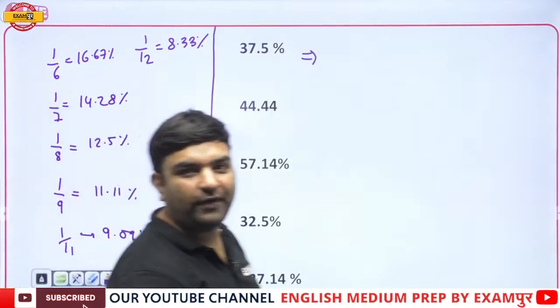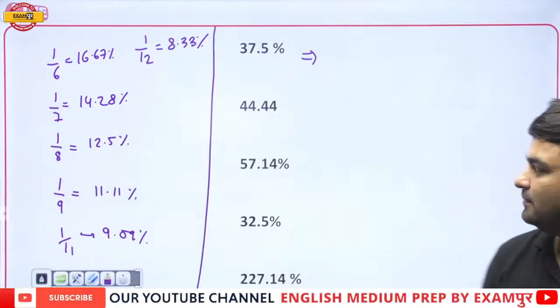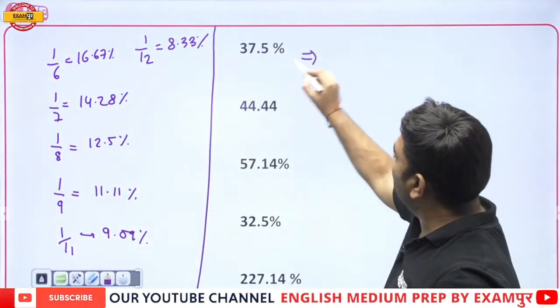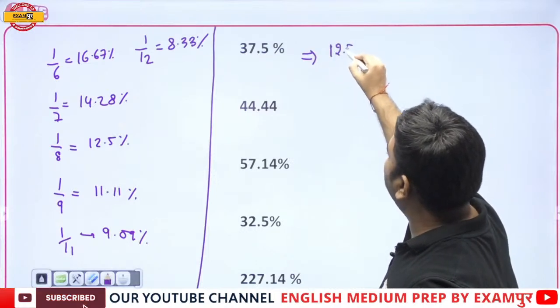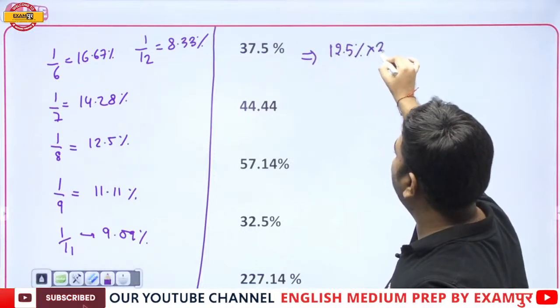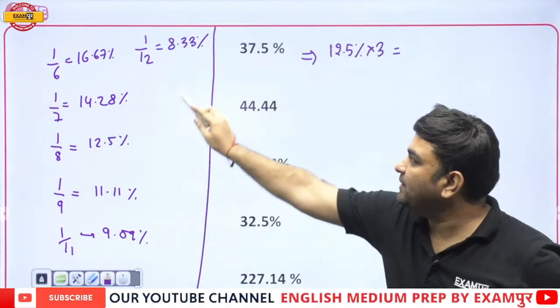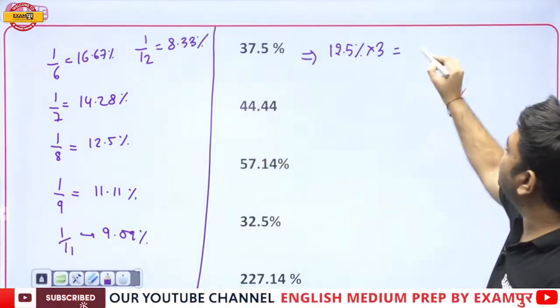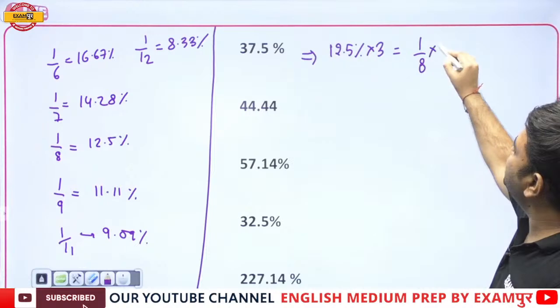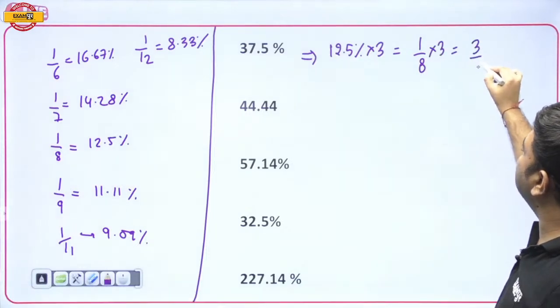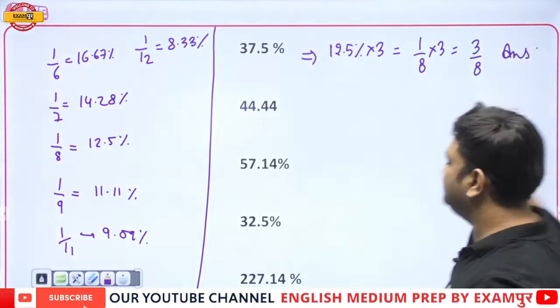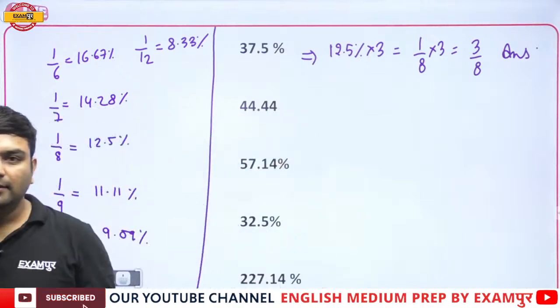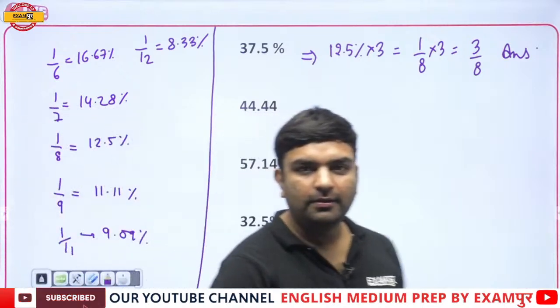So it is looking to me as 12.5% into 3. 12.5% is 1 by 8. So 1 by 8 into 3, 3 by 8 is the answer. Clear, guys?